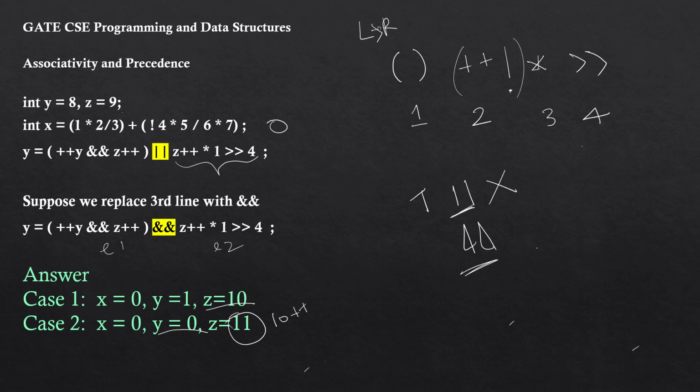But in case of AND, only when both are true can we say the final result. So in this case, we need to evaluate both expressions. But in the case of OR, we didn't need to do that. That is why the result is coming as different in case 1 and 2. Here, this part didn't get evaluated. Here, this part got evaluated because of the difference in the operators.